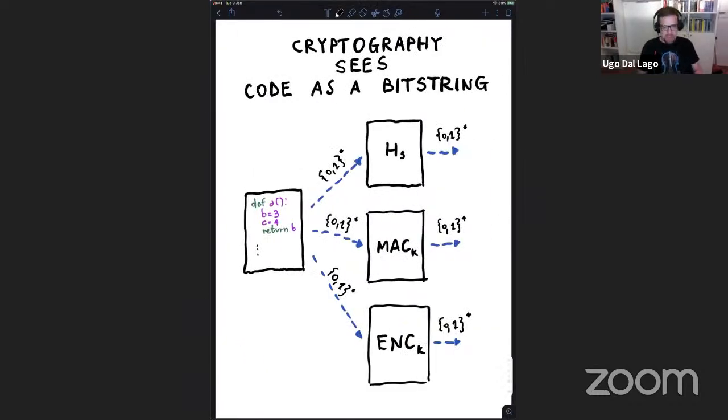So, we are interested in looking at what happens when cryptographic primitives like hashing, authentication, or encryption are applied to code rather than to data. In this case, code is interpreted as a binary string anyway. Cryptographic primitives typically remain functions or algorithms working on binary strings, even when they are applied to programs, to code.